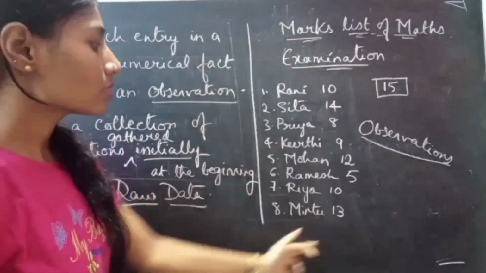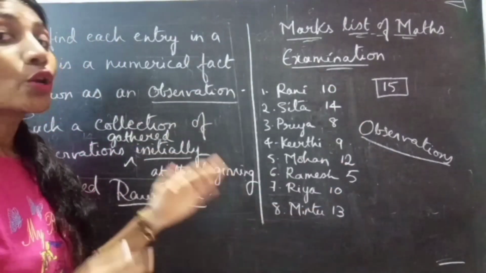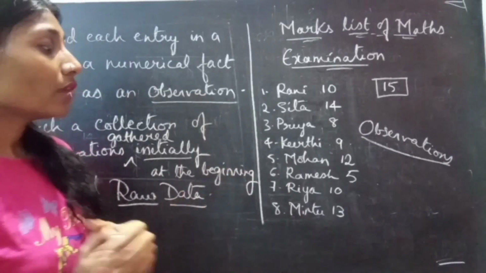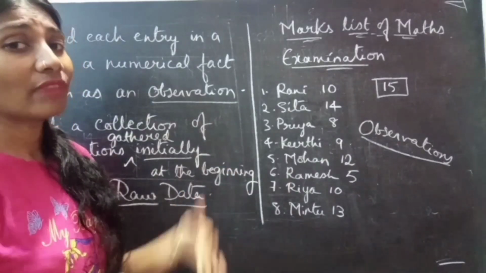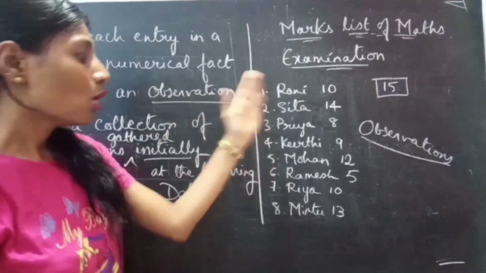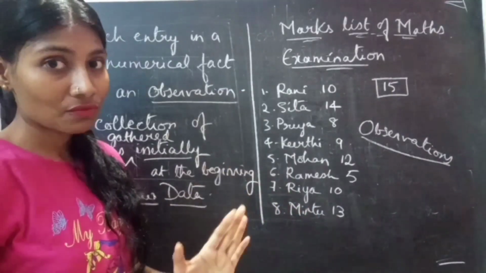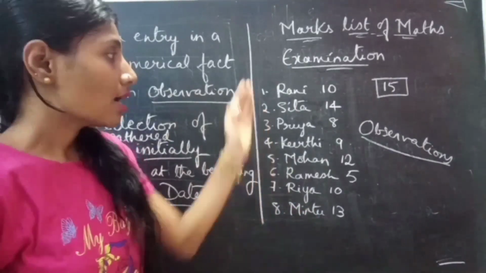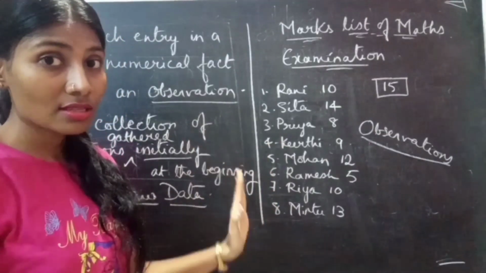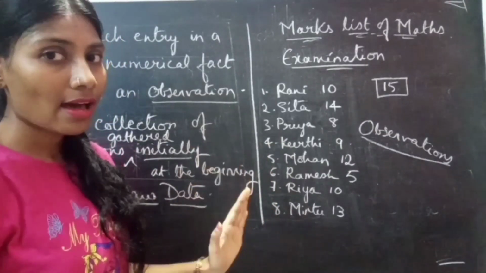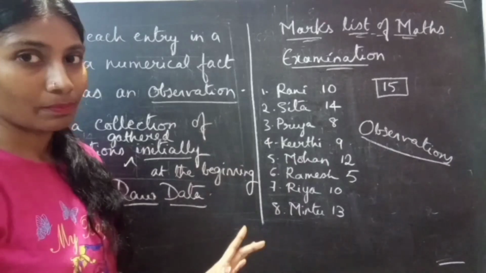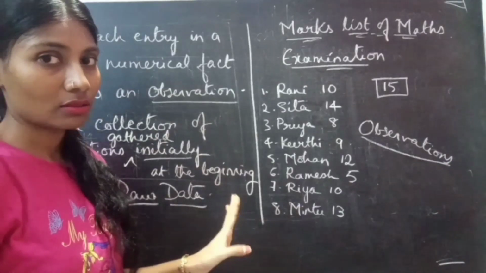So this list of marks is our raw data. We have not processed or done anything on these marks, we just made a list. That's it. So this is a raw data made by a maths teacher. Got it?